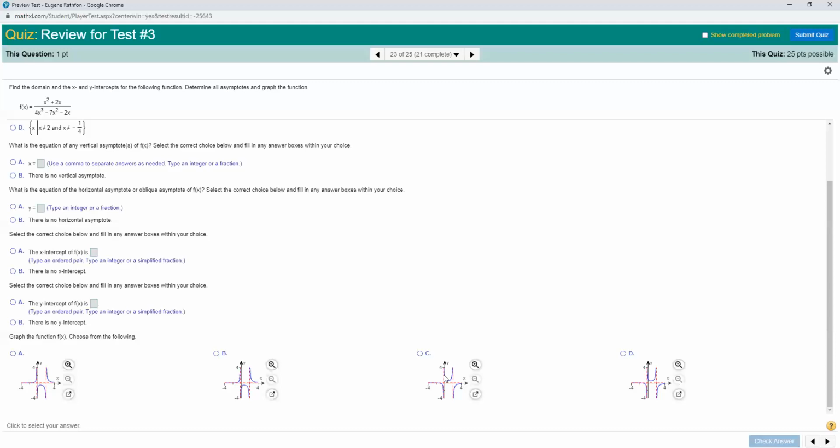Now let me show you. If you were to graph this on the calculator, you see how they go to 4 and 4 and all that? So watch how to do that. On the calculator, you would put the top in parentheses, x squared plus 2x, close parentheses, divided by the bottom in parentheses, 4x to the third minus 7x squared minus 2x, close parentheses.